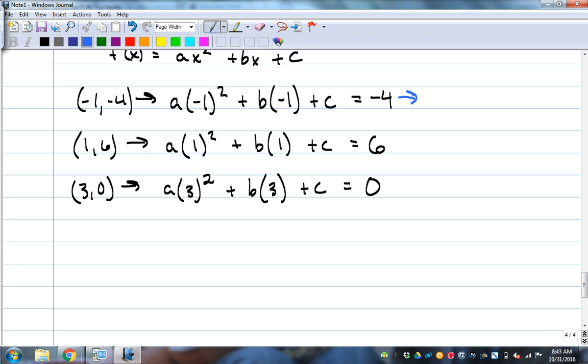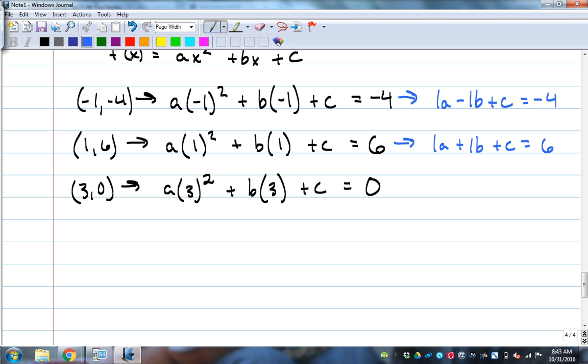This turns into +1a minus 1b plus c equals -4. This one turns into 1a plus 1b plus c equals 6.